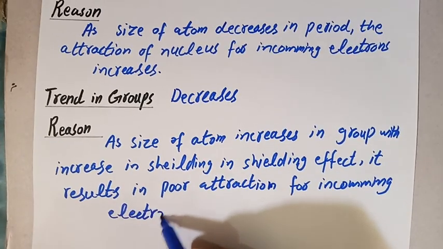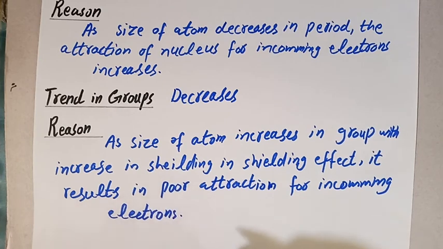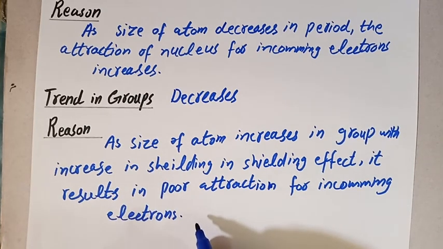So when there is poor attraction for incoming electrons, the electron affinity decreases. The amount of energy released is less.